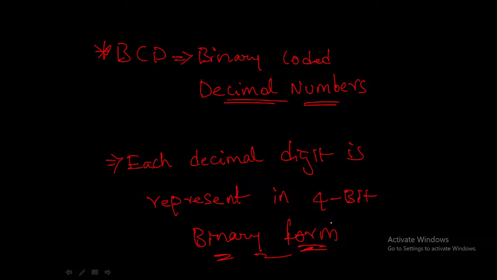Each decimal digit, whether it is in the integer or the fractional part, will be represented in 4-bit binary form. The BCD code is only valid for the decimal digits 0 to 9.